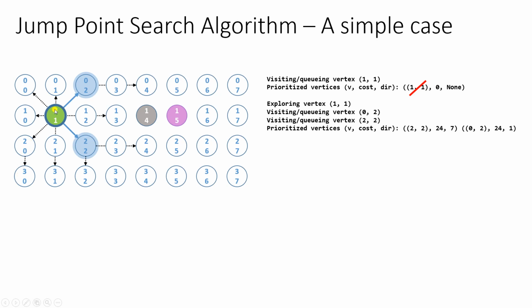The same goes for vertex 0, 1. It also leads to the grid's edge, and it's also discarded as an interesting point.